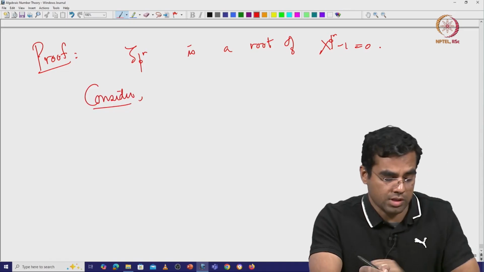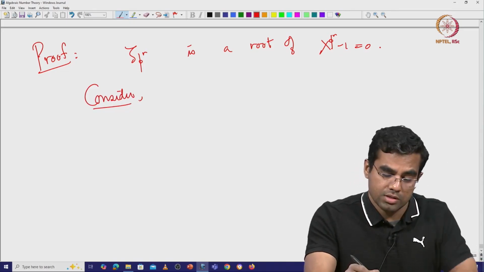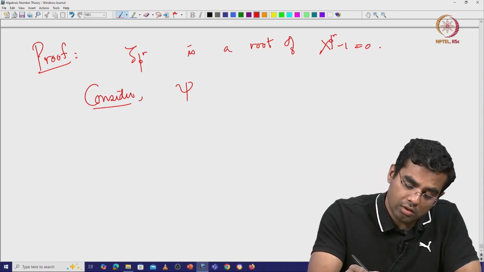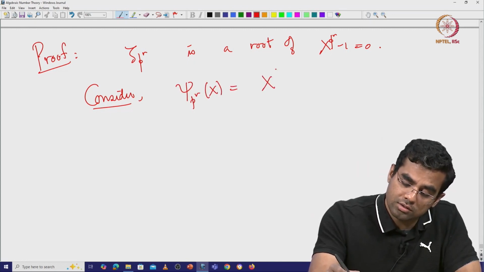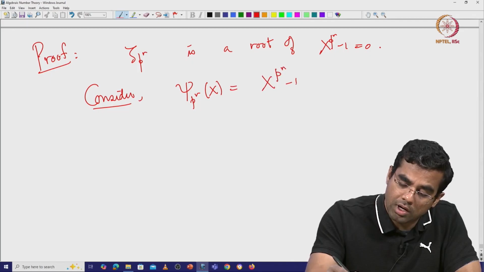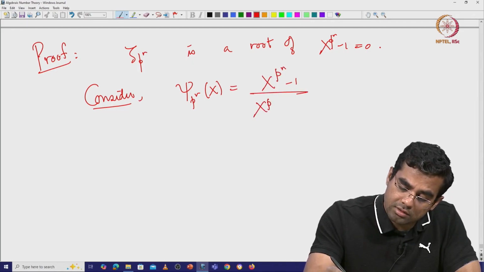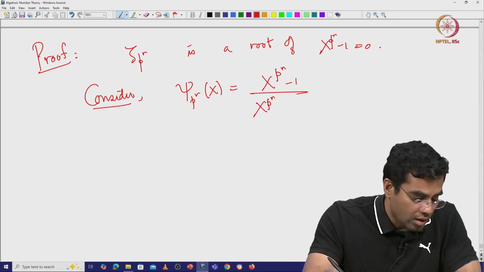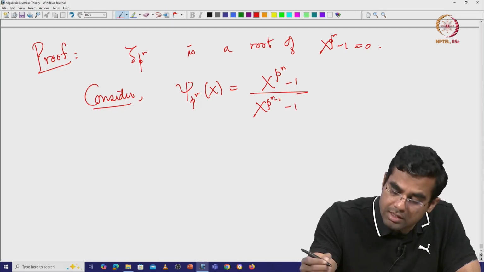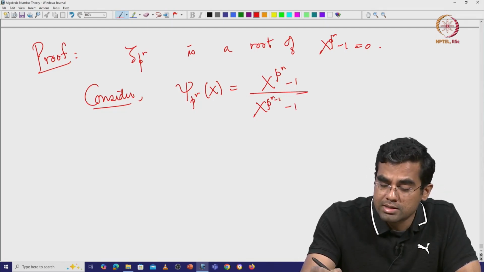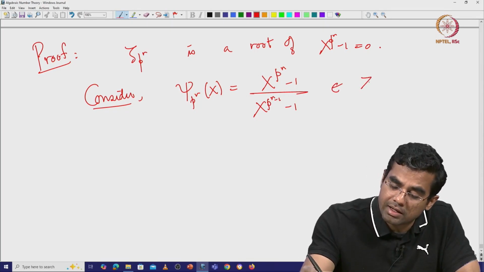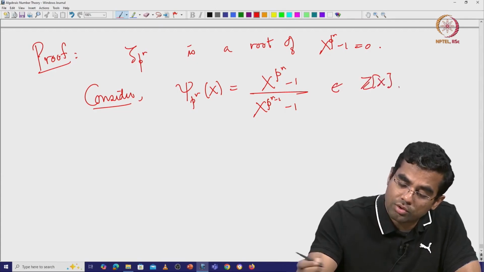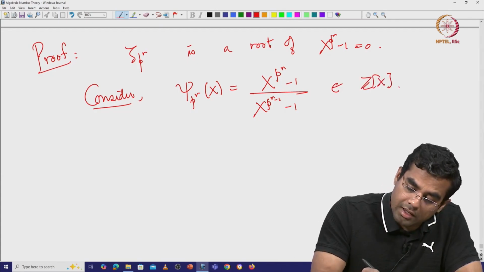These are called cyclotomic polynomials. So, you consider psi_{p^r}(x), this is (x^{p^r} minus 1) divided by (x^{p^{r-1}} minus 1), and why is this in Z[x]? So, we will show that this is in Z[x].